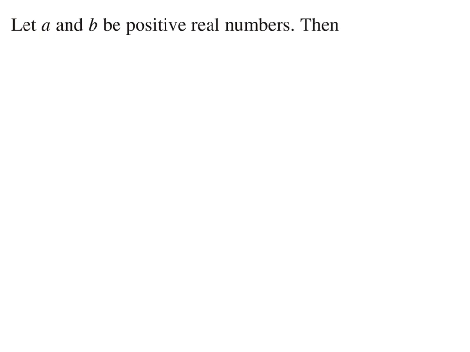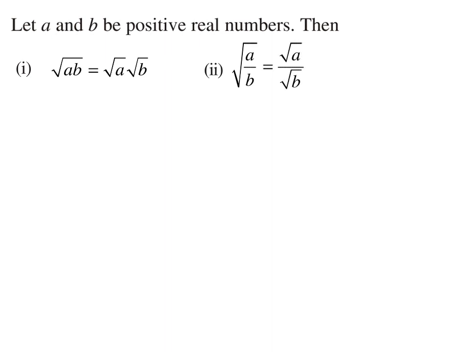Now some properties for the square root function, where a and b are positive real numbers. First property, root of ab can be written as root a into root b. Second property, root of a by b can be written as root a divided by root b.